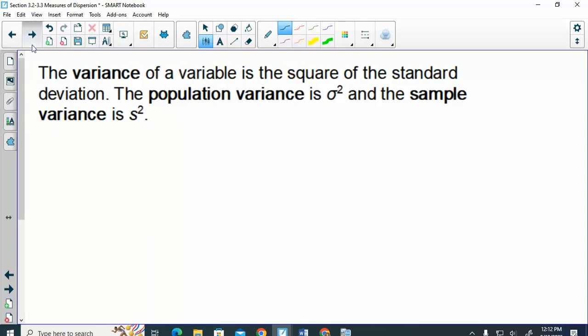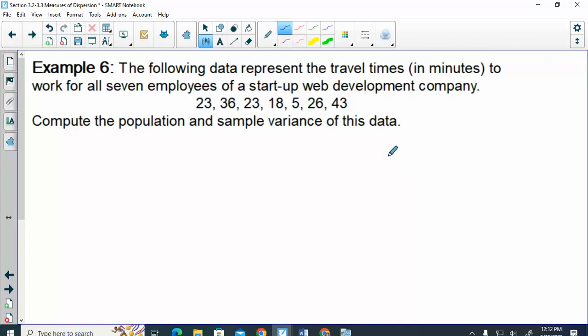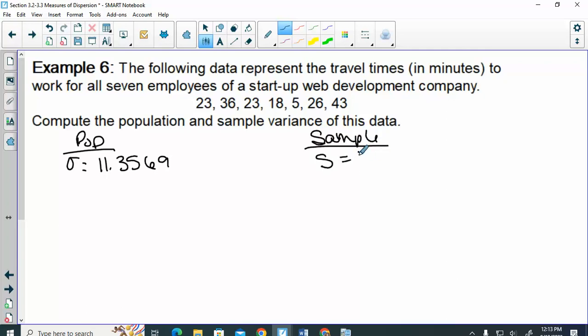So, for example, we already have this one in our calculator, right? That's the last one you guys put in your list. If I wanted the population and sample variance. So, my population standard deviation, we had that in our calculator, stat, calculate one variable statistics. My sigma was 11.3569. My sample standard deviation was 12.2669.